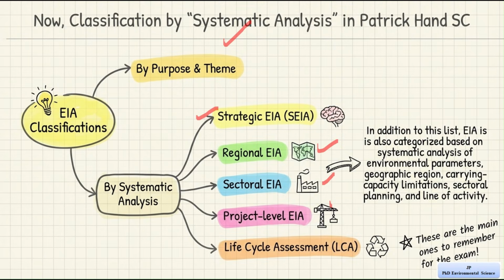Project level EIA, it focuses on a single project, and it is the most common type of EIA. Example, building a dam, road or a factory. Life cycle assessment. It studies the entire life of a product or project from start to use till its disposal.